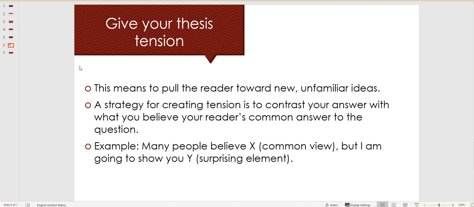But I am going to show you that the benefits to technology are really helpful when educating young people, or something specific like that. So I'm drawing my reader's attention away from this widely accepted idea that technology is overused to this idea that technology can be beneficial.